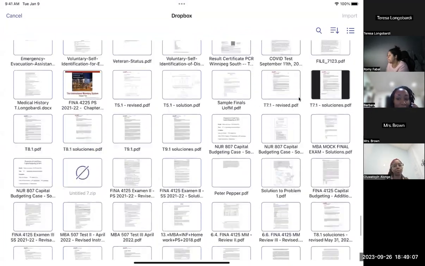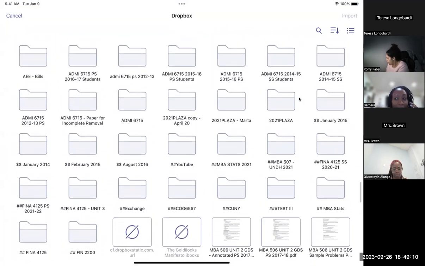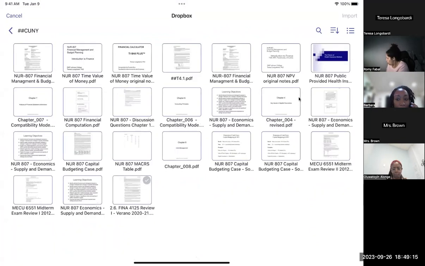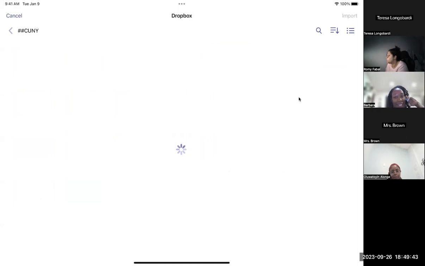The Cooney file. PV. I don't see it. I'm going to have to load it. Hold on.